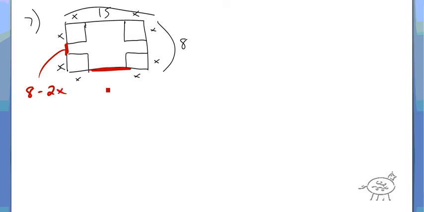And the deal is this guy right here is 15, and this guy right here is 8. So these little parts right here, well, this one is going to be 8 minus 2x, and this one is going to be 15 minus 2x.